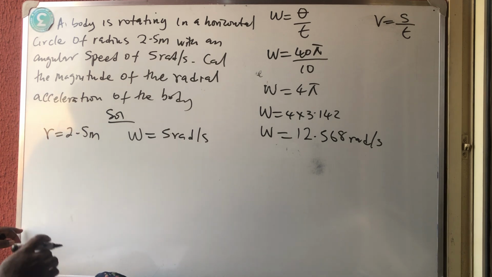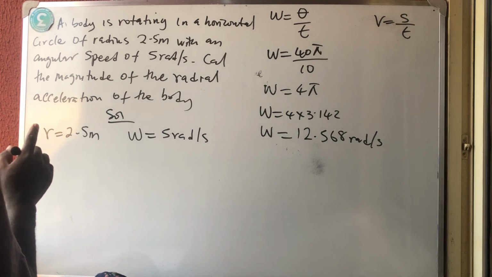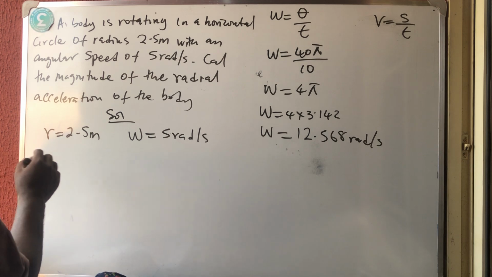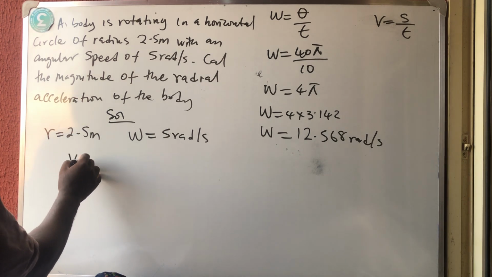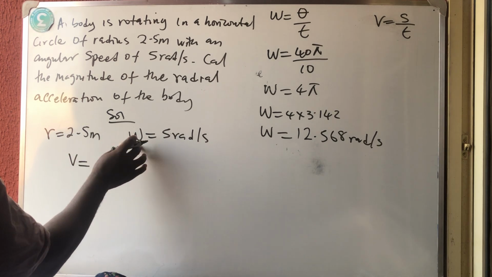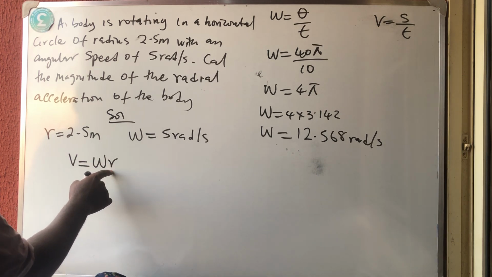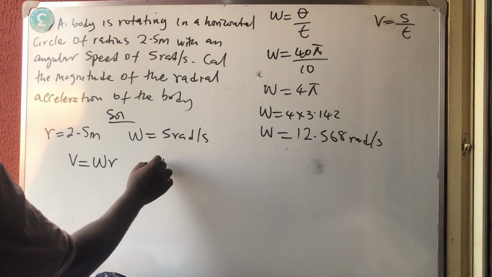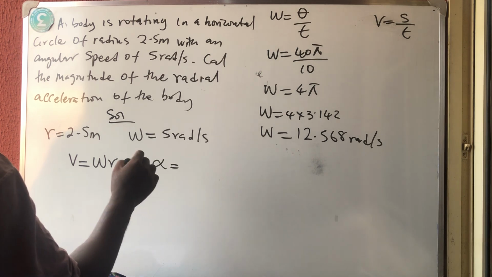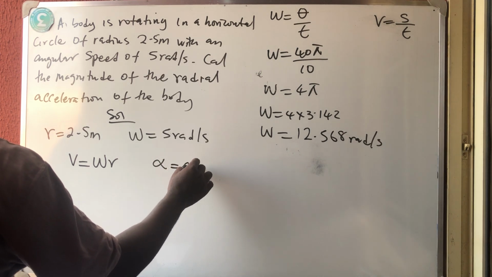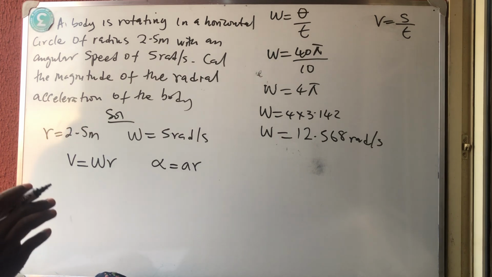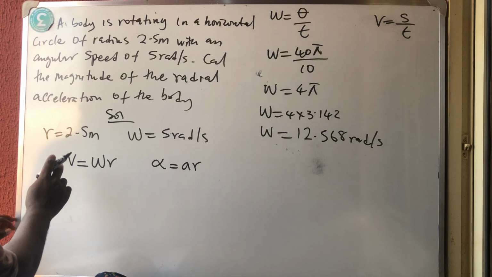Okay, do you know that normal velocity is equal to angular velocity times r? Just attach r, I told you. And the normal acceleration is angular acceleration times r.